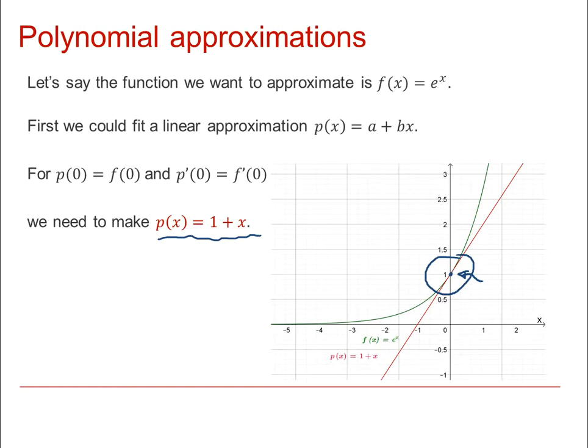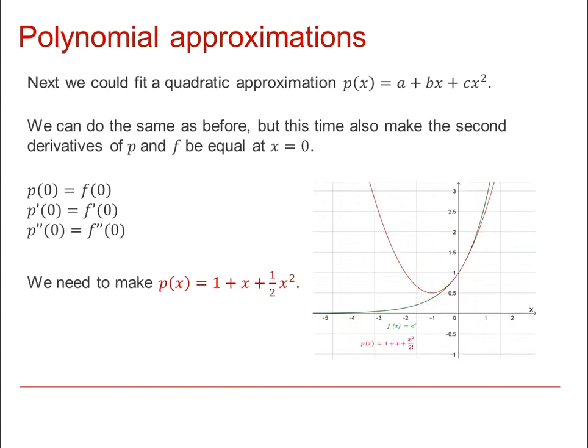So what we can then do is look at higher order polynomials. So instead of just looking at the value of the function and the first derivative, we also look at the second derivative. Well, the value of the function and the first derivative are the same as before, but this time we want to look at the second derivative as well. Well, p double dashed of x will be equal to 2c, and for e to the x, again, the second derivative at 0 will be equal to 1.